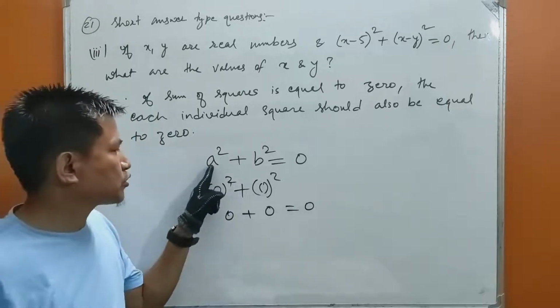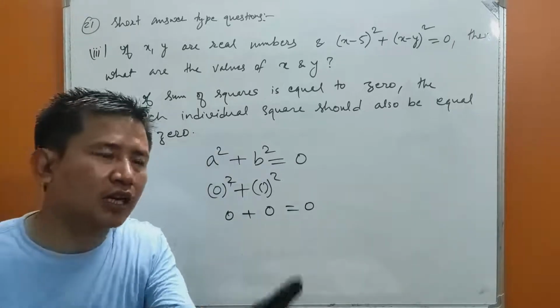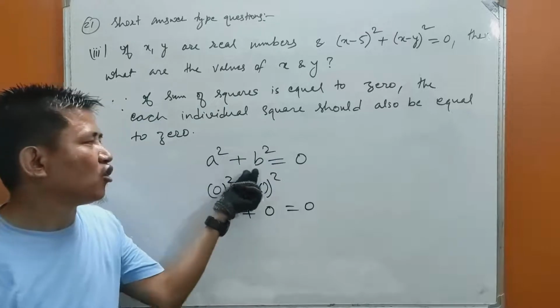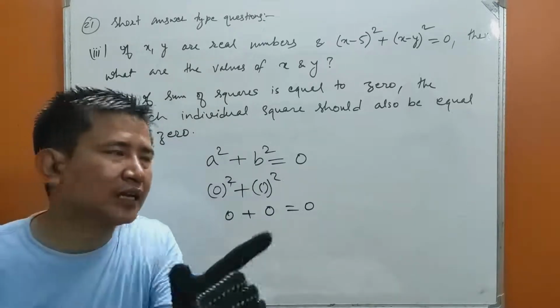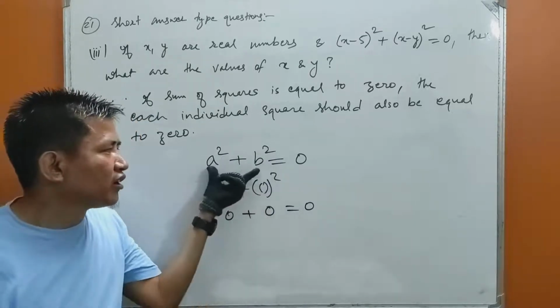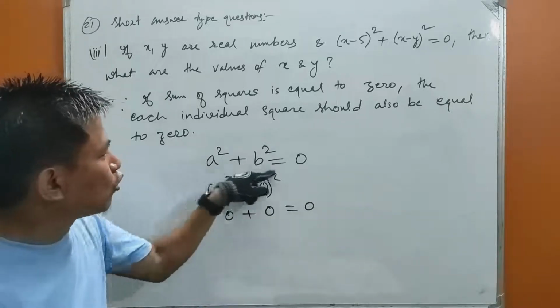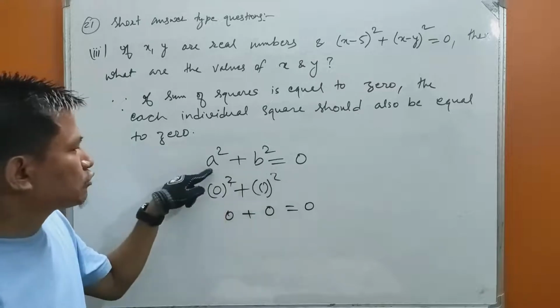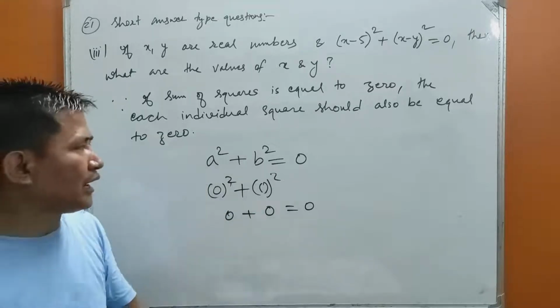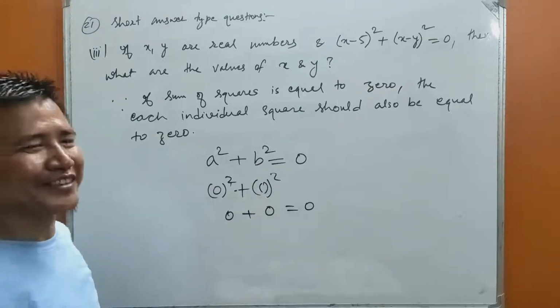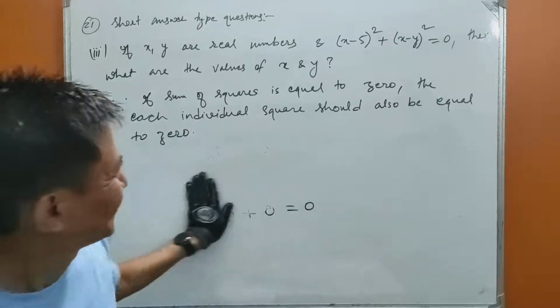Otherwise, if you suppose the value of a or b is any number other than 0, then you will not get the sum equal to 0. That means to hold this equation true, you need to have both a square and b square equal to 0, isn't it? I hope you got this.